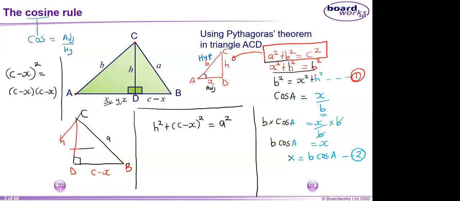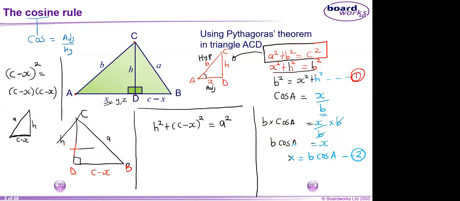Okay. Kasumba, you see our triangle CDB? When you look at that triangle, do you know the Pythagorean theorem? Yes. Now, let us extract. This is C minus X, this is our A, and this is our H. When you look at this triangle, what is going to be your A squared?